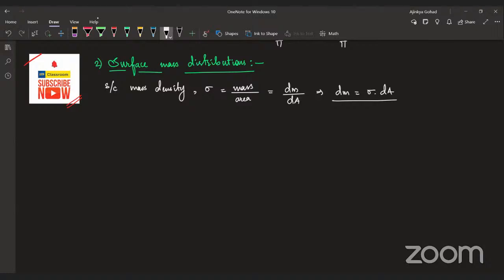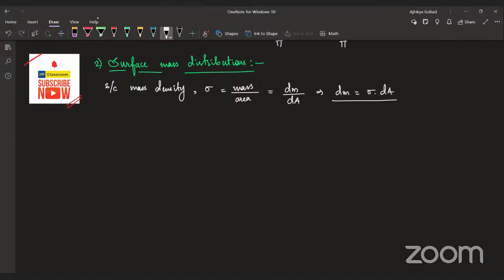A spherical shell means it is hollow from inside. A spherical shell can be considered to be a surface mass distribution. Hollow cone also works in that case.